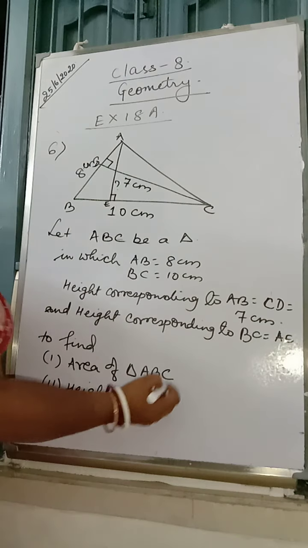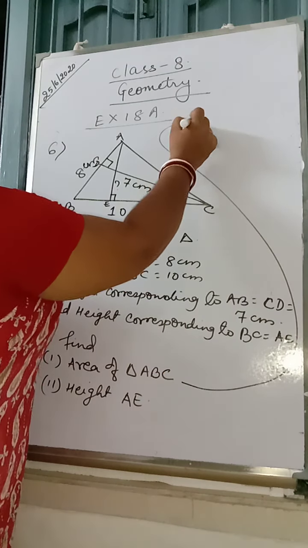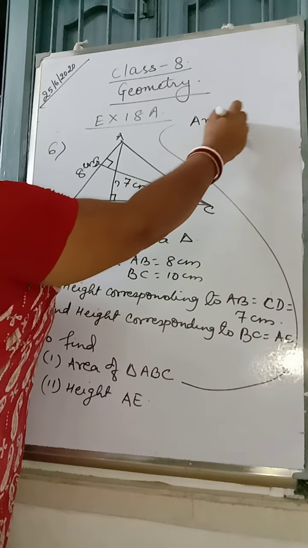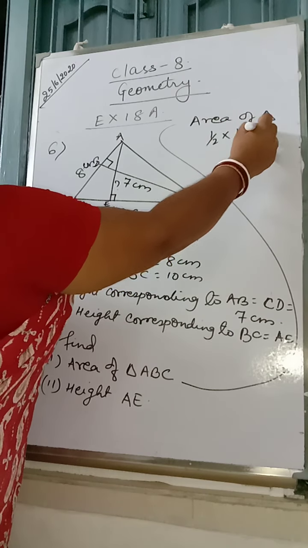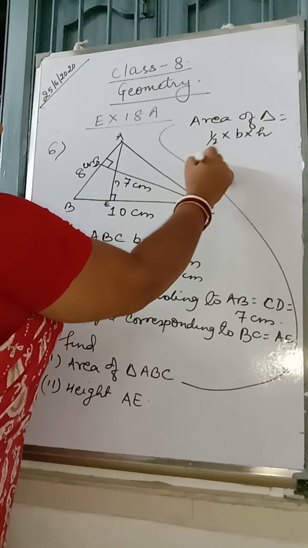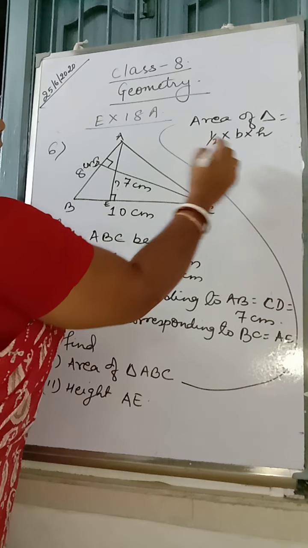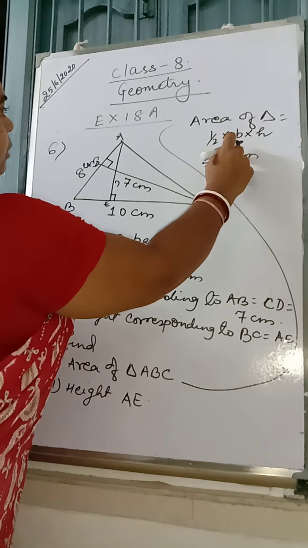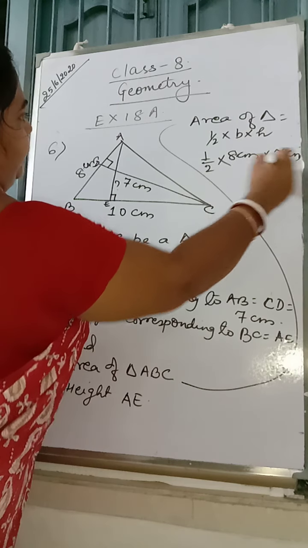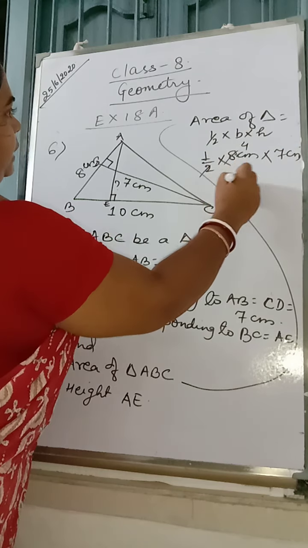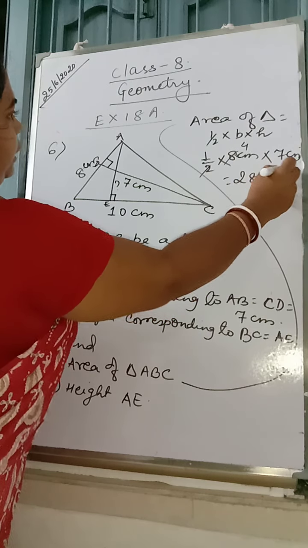For the first question, we can write area of triangle is half into base into height. So half, base I will take as 8 centimeter because height corresponding to this base is given to us 7 centimeter. 2 4s are 8, then this gives you 28 centimeter square.